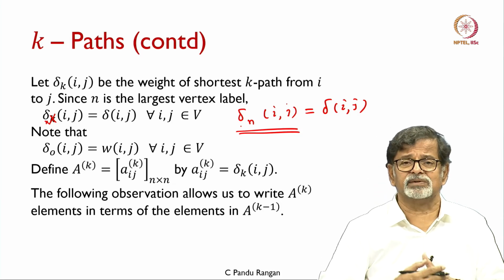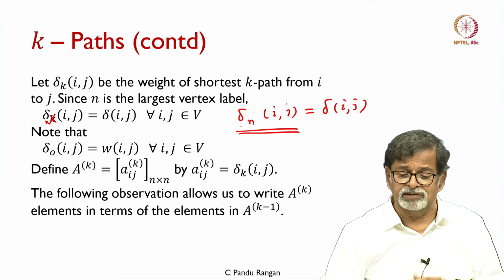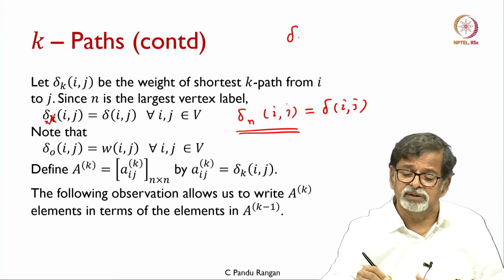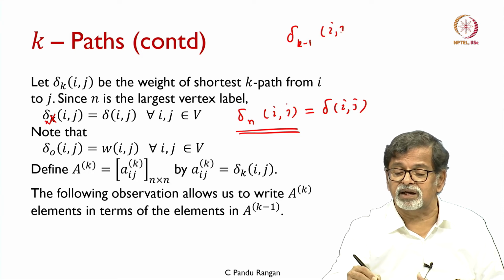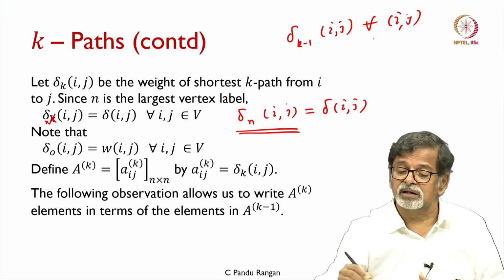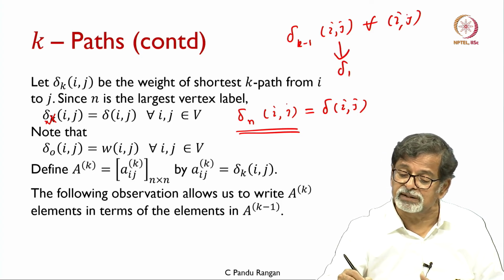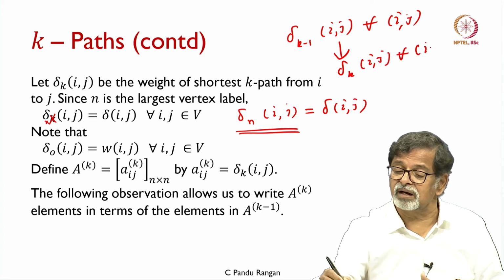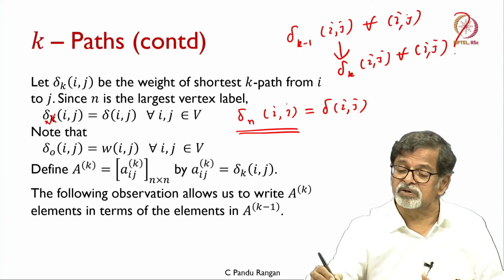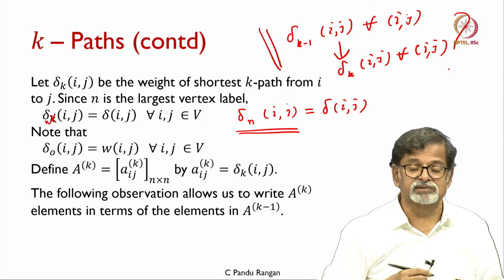Our approach is the same. I want delta n ij. If I know delta k minus 1 ij for all i and j, can I use this to compute delta k ij for all i, j? Is it possible for me to do this? Okay.